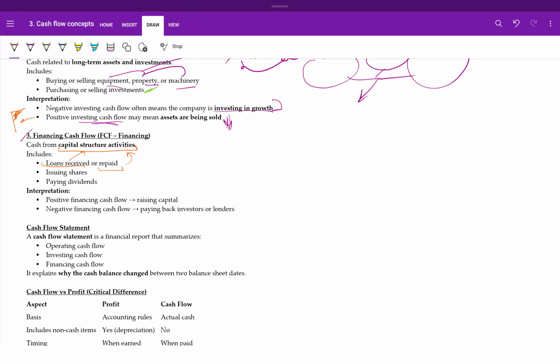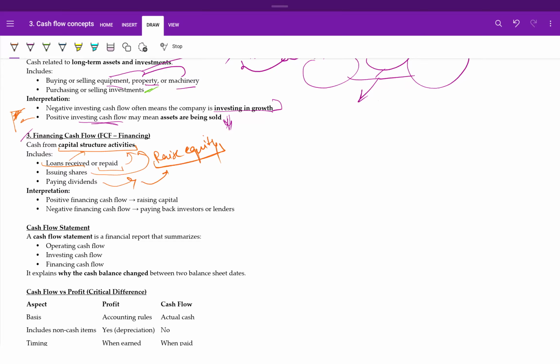We are going to issue shares, and shares are issued basically to raise equity. And paying dividends means that we are paying our investors a certain amount every quarter or every year, who have invested in our company through equity.